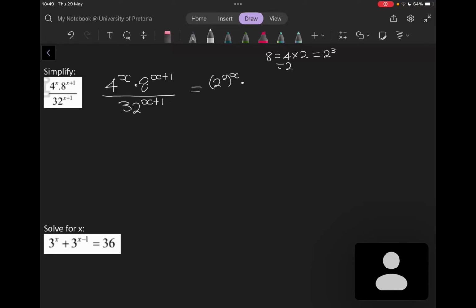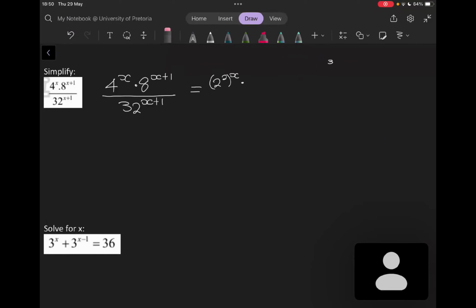Whenever we have exponents of the same base multiplied by each other, we add the exponents. That's how we get 2 to the power of 3. So we can substitute this 2 to the power of 3 in place of the 8.